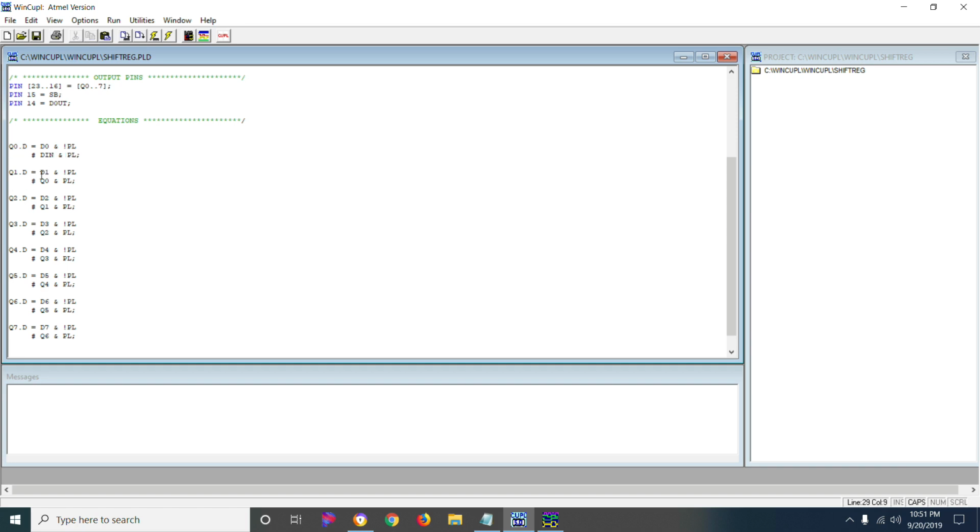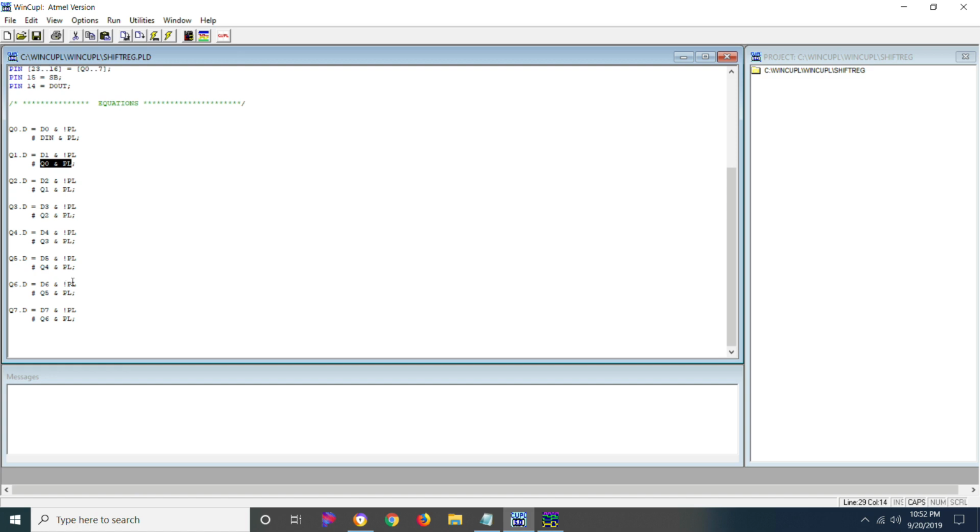But on Q1 it's going to be D1 and parallel load low, or Q0, because we're using the output from this in its feedback state, and parallel load high when the clock cycles. So we have to replicate that on the remaining data outputs. So we're basically stating that on Q2, either data 2 and parallel load, or Q1 and parallel load not being active. And same thing all the way down. So we've replicated that on all 7 of the data registers.